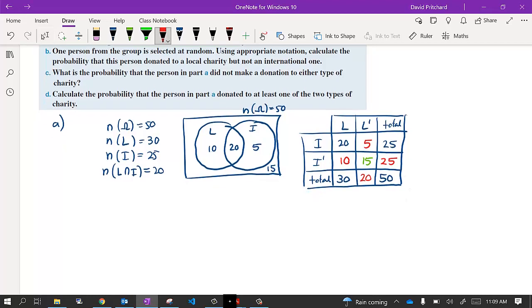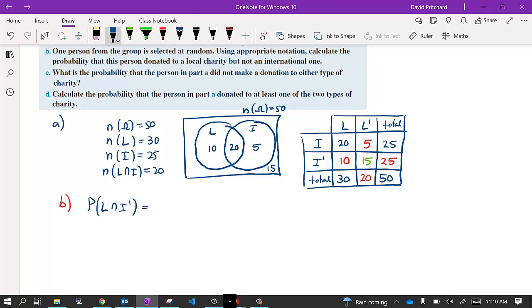In part B, they're asking us, one person from the group is selected at random. Using appropriate notation, calculate the probability that this person donated to the local charity but not an international. So our probability of local and not international.